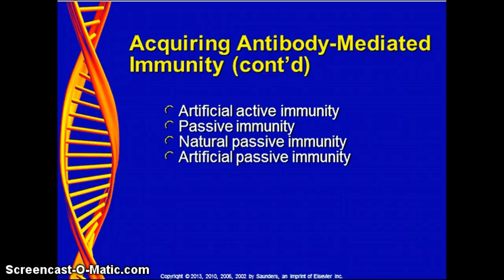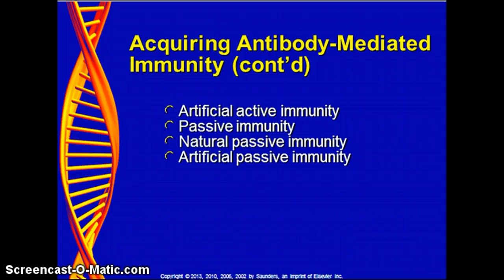With passive immunity, antibodies are transferred to the person's body after being made in the body of another person or animal. With passive immunity, there is immediate but a short-term response in the immune system. Natural passive immunity is mom to fetus, so it passes via the placenta barrier, and then also with breast milk when the baby gets that colostrum that is high in the immunoglobulins.